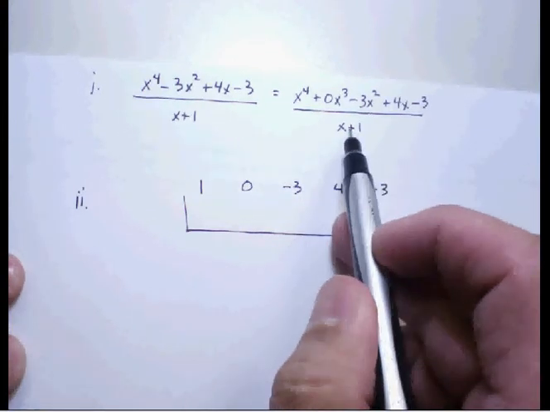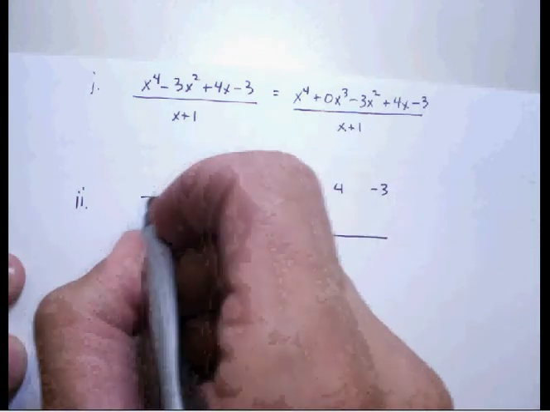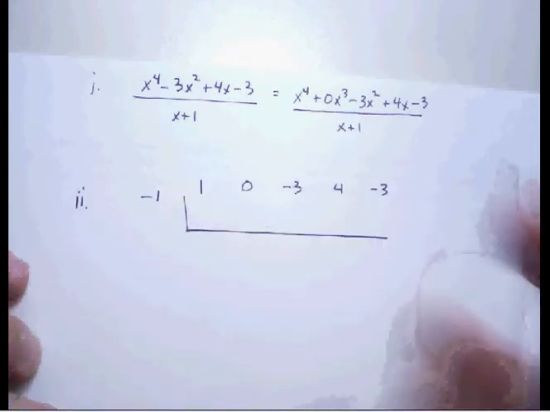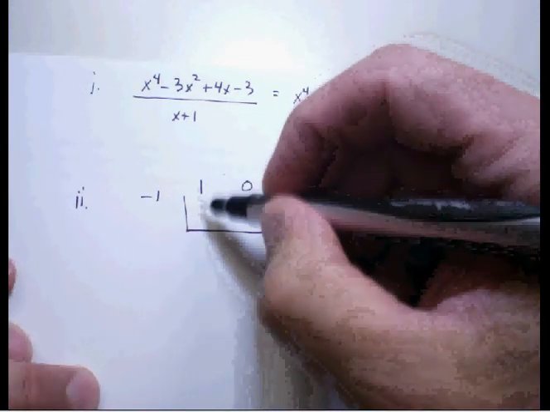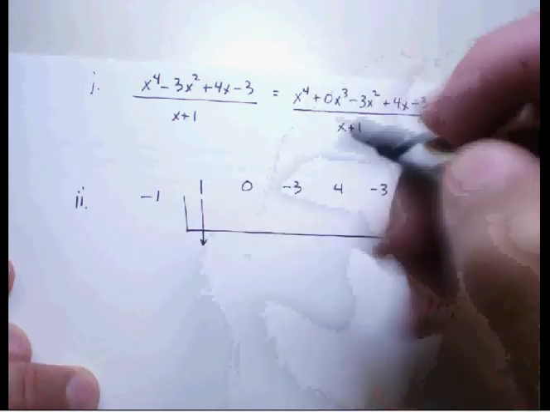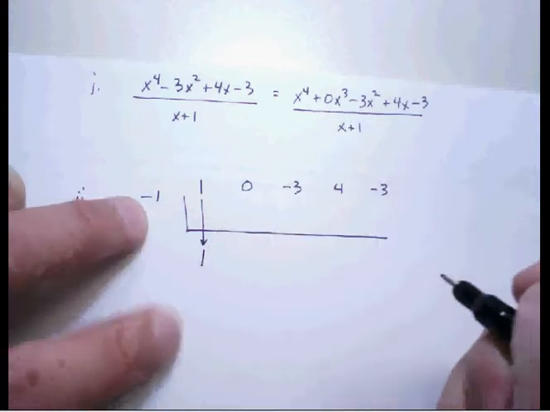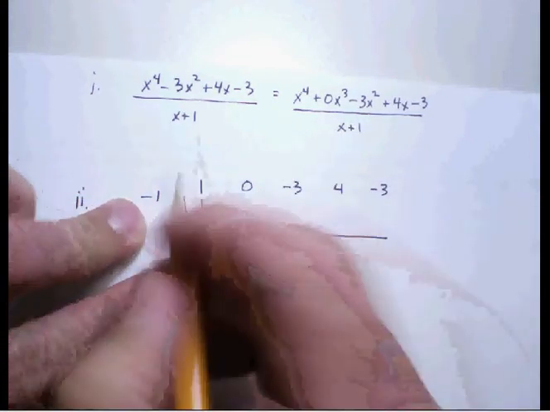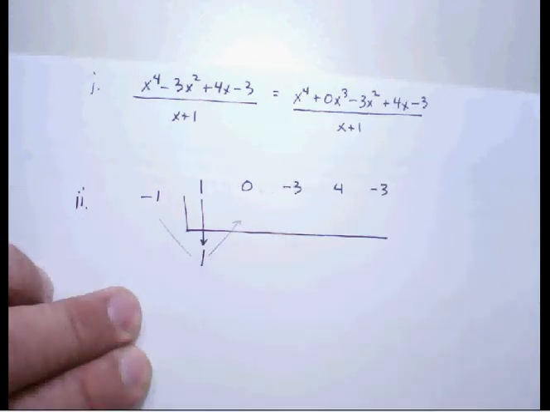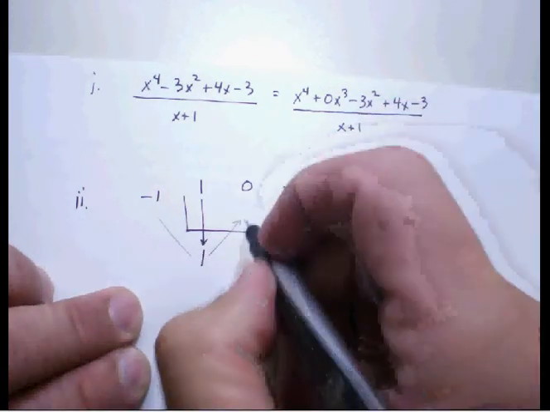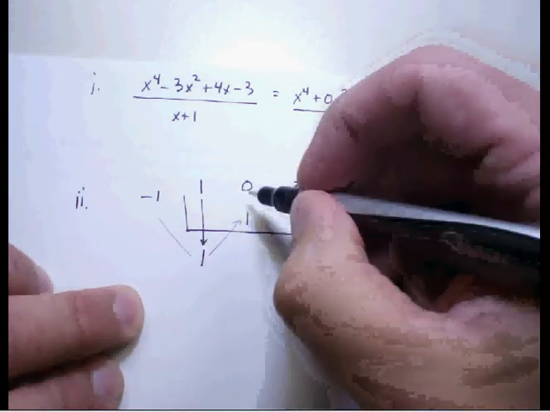And now I can go ahead and start my process. Remember how it went. The first number you bring down. Multiply negative 1 times 1, bounce it up into here, and you get negative 1. Remember to add these two. That gives me a 1 there.